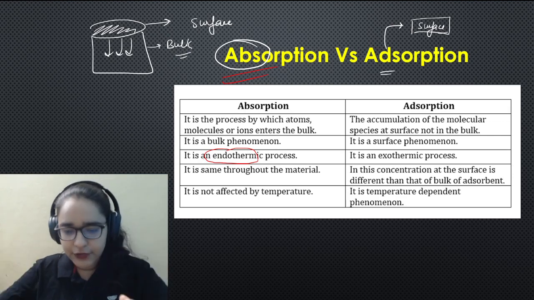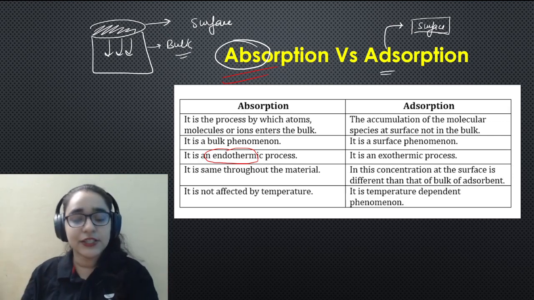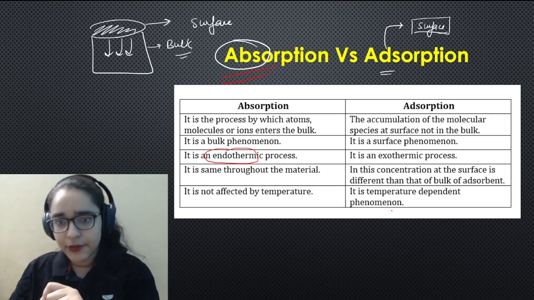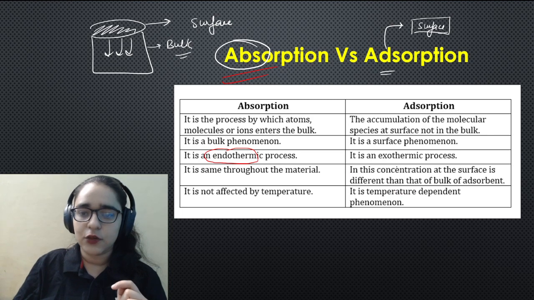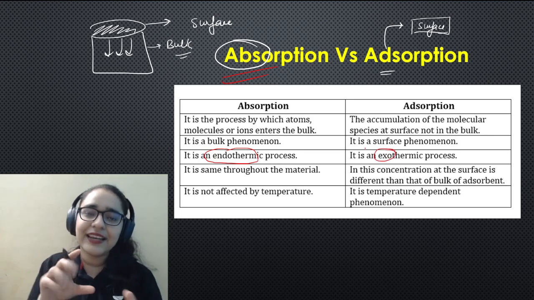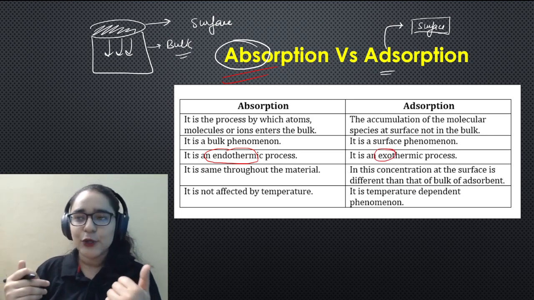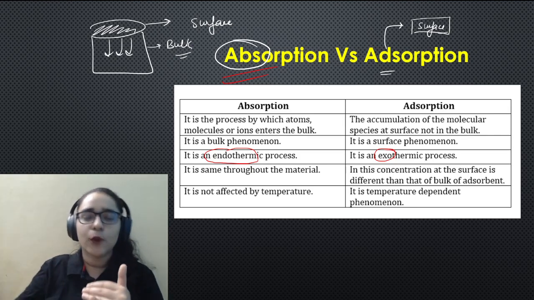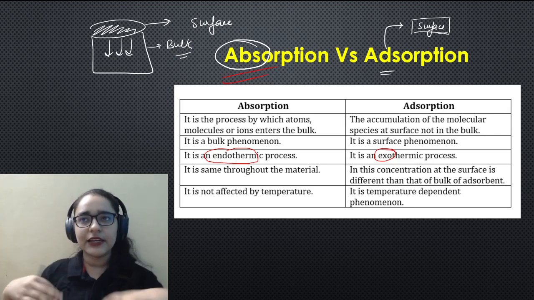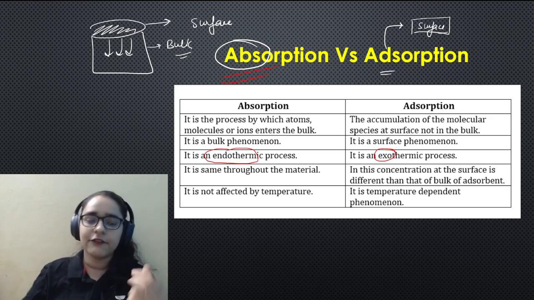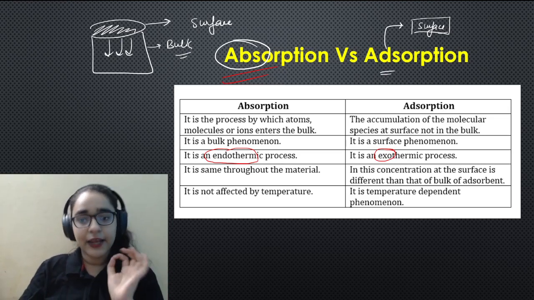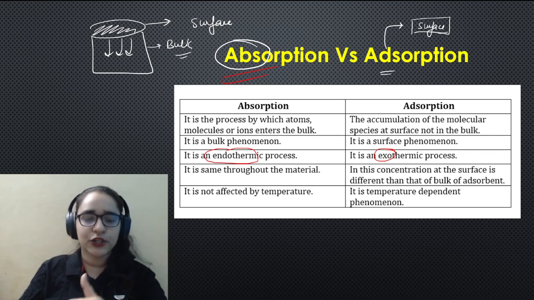You have to give the heat so that the process can proceed. But in the case of an exothermic reaction, which is adsorption here, what you see is a release of heat. Whenever there's adsorption going on, there will be a release of heat. So yes, that is an important difference between absorption and adsorption.